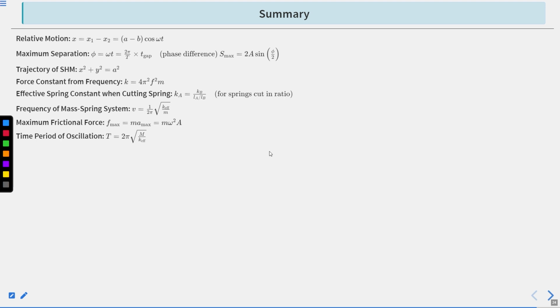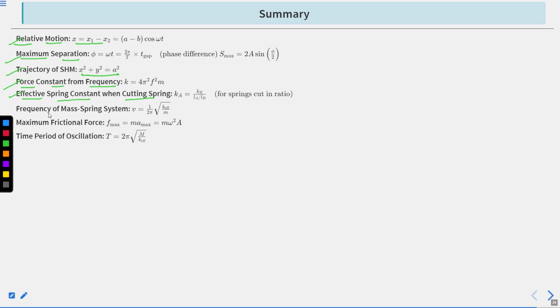Now the summary. First, relative motion is x equal to x1 minus x2. Then maximum separation is phi equal to omega t, which is 2 pi multiplied by t. The trajectory of SHM is the equation of a circle. Then force constant from frequency, and effective spring constant when cutting springs.